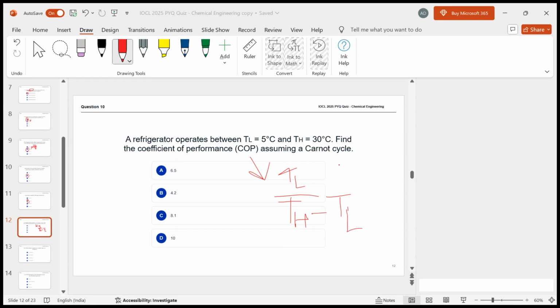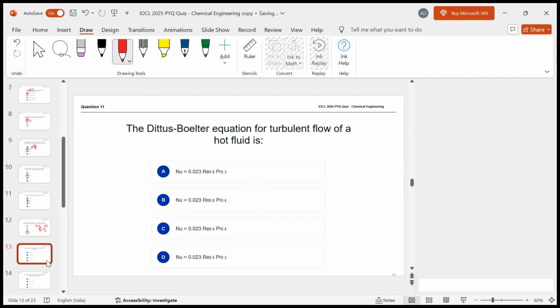By putting in the values, the answer came out to be 11.2. You can cross verify, but the answer that approximately matches is 10.